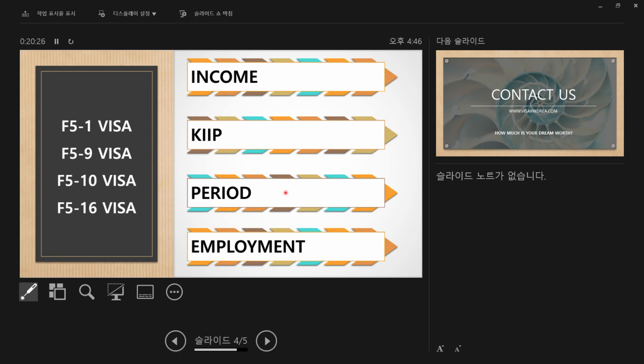Employment means that you have to work at this company for over 1 year continuously. The manual on High Korea says that you can combine previous years of working at a company in the period, but in the actual situation at the immigration office, you need to meet that one.